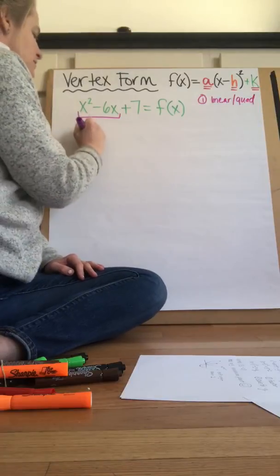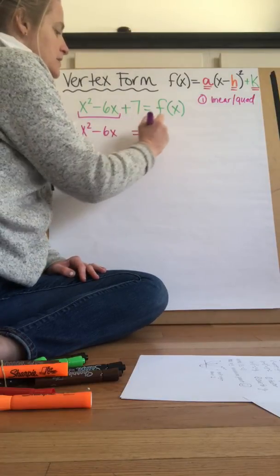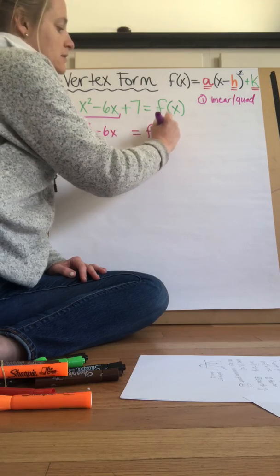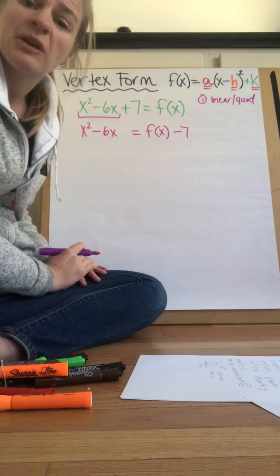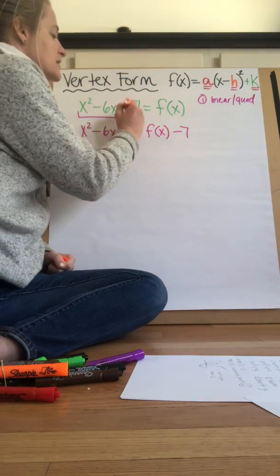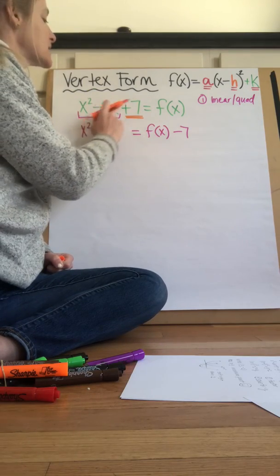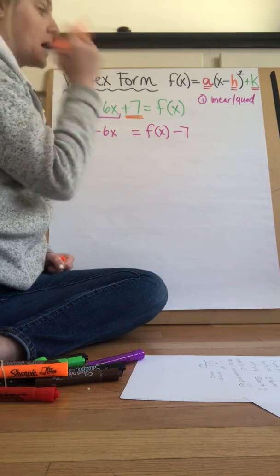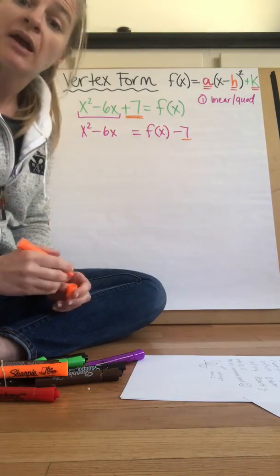Okay, x squared minus 6x equals f of x minus 7. Okay, some of you are wondering, why is that minus 7? Well, remember, my equation was originally x squared minus 6x plus 7. I just subtract that 7 to get it to the other side, and it ends up as a minus 7.